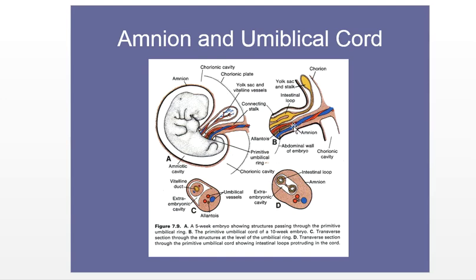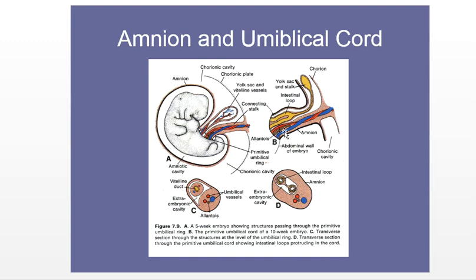As you know, we have 2 arteries and 1 vein. This is a loop of the intestines, the vitelline duct, and this is the yolk sac. And this cavity, in which the yolk sac is situated, is called the chorionic cavity. Here is the connecting stalk, and this is the allantois.